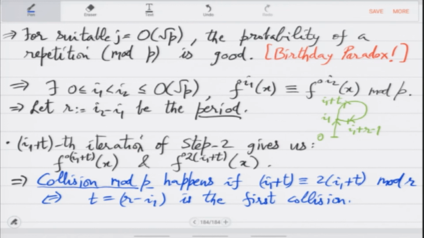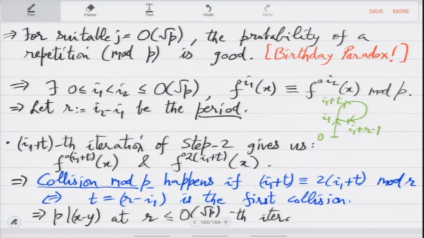So i1 plus t, you take it to be r, and at that iteration you will see the collision, and hence we are done. So this means that p will divide x minus y at r, which is at most square root p, iteration of step 2.